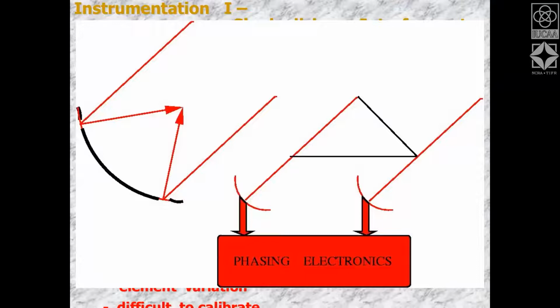There is some part of the phase which is very easily determined. For example, depending on the altitude of the source, you can work out the geometrical delay between each of the telescopes, which is shown by this part here. So in this right triangle, if you have two telescopes separated by this distance, you know that this much is the extra path length which the electromagnetic wave is traveling.